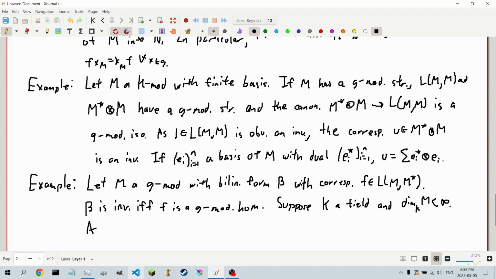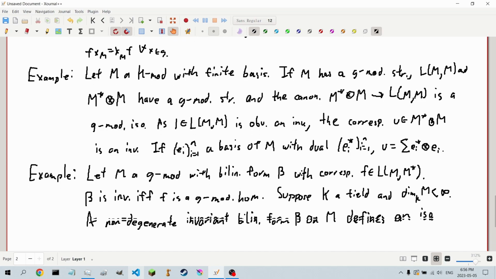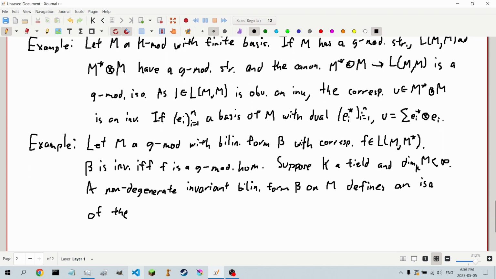A non-degenerate invariant bilinear form on M defines an isomorphism of M tensor M as a G module onto M star tensor M as a G module.